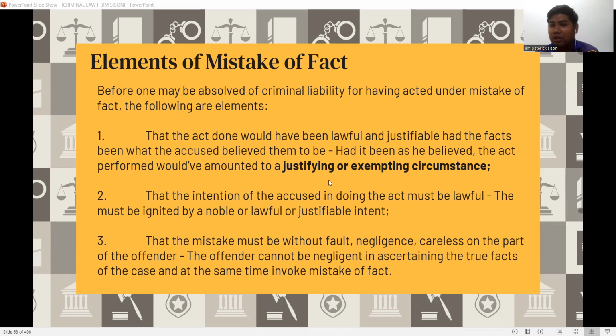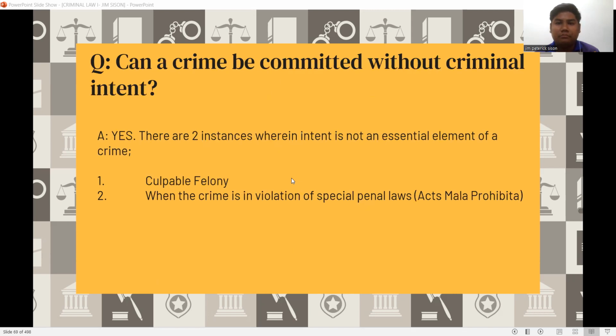The intention of the accused in doing the act was lawful. He was afraid because someone entered his property. And he acted without negligence. He asked who it was, nobody answered, and it turned out to be a prank. So he had no fault and no negligence at all. Therefore, he invoked mistake of fact and was absolved of any criminal liability.